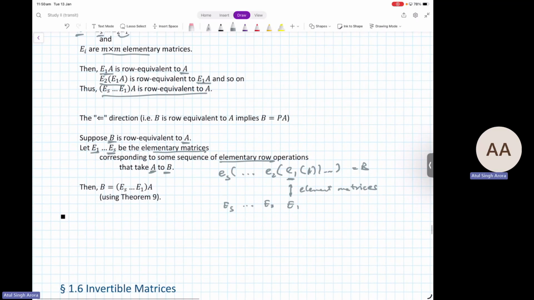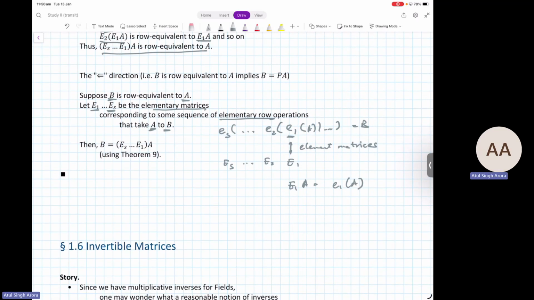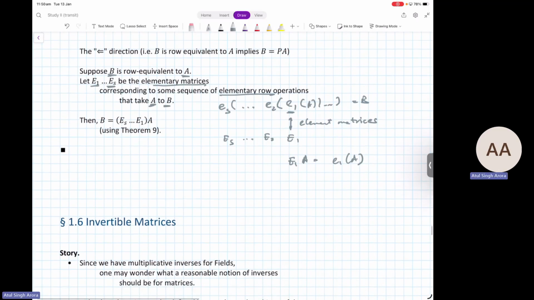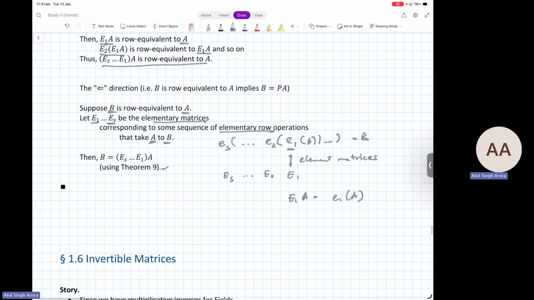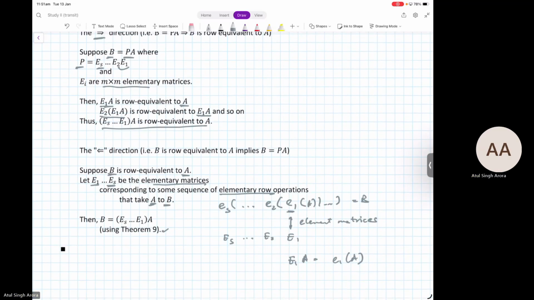And we know from the theorem that we just proved that E(A) is the same as E1 acting on A. So this is the statement, and therefore the corollary works. Okay. Any questions? Is it making sense?